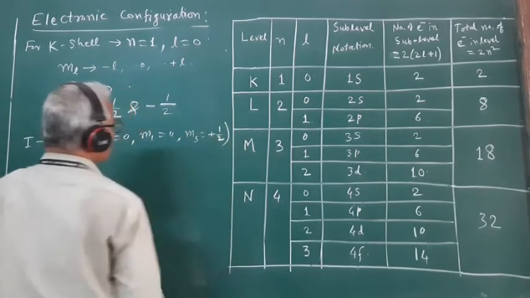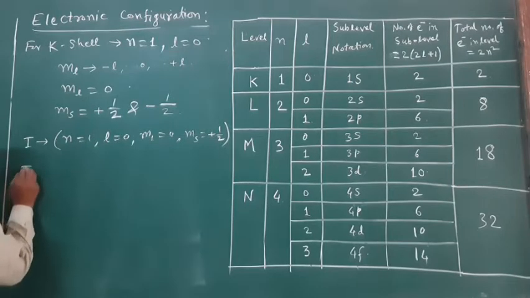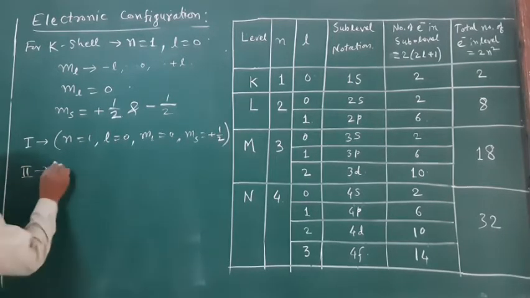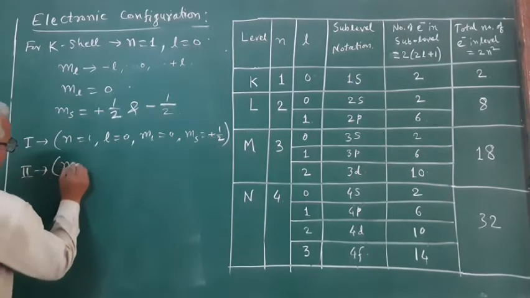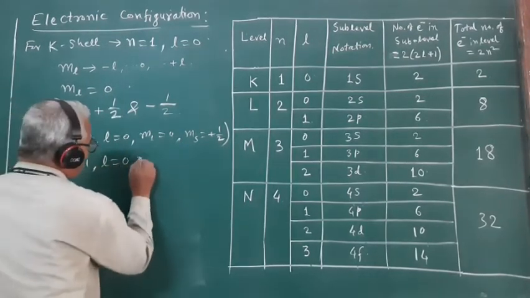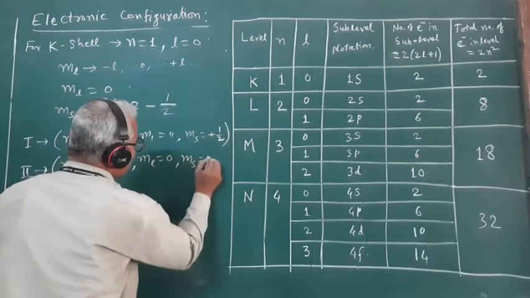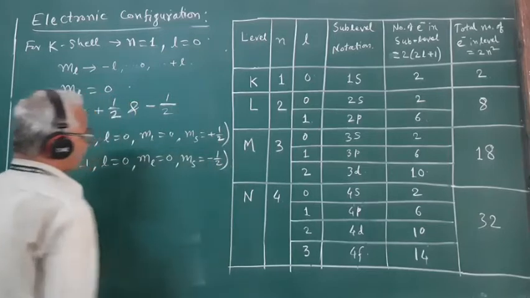So this is the first possible set of all the 4 quantum numbers, and the second possible set of these 4 quantum numbers is n equal to 1, l equal to 0, ml equal to 0, and ms equal to minus half.